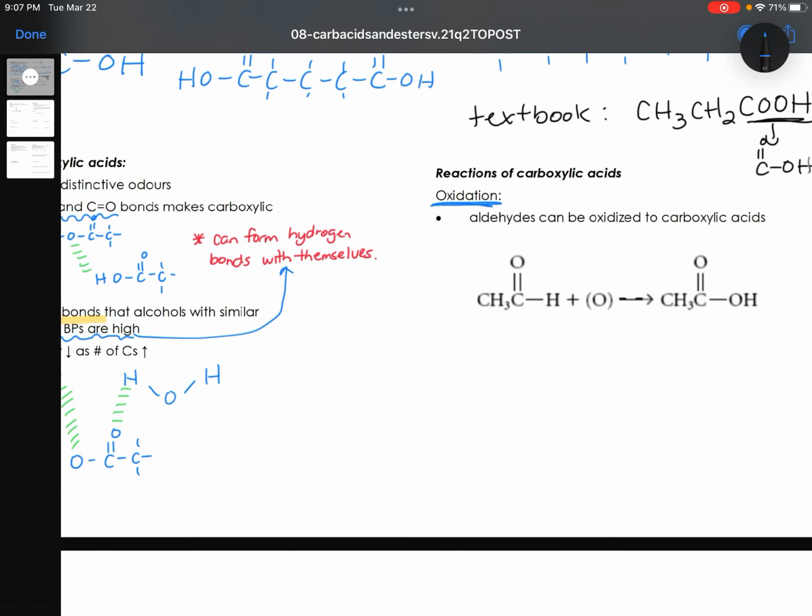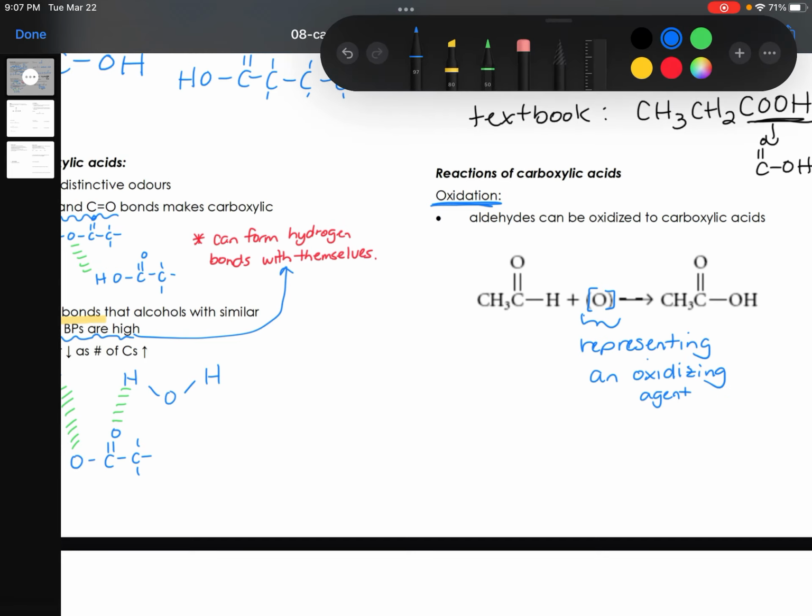So you have this funny O, okay, and that is representing an oxidizing agent. The one we used in our lab was KMnO4, that purple stuff. But we're going to keep it simple, okay?